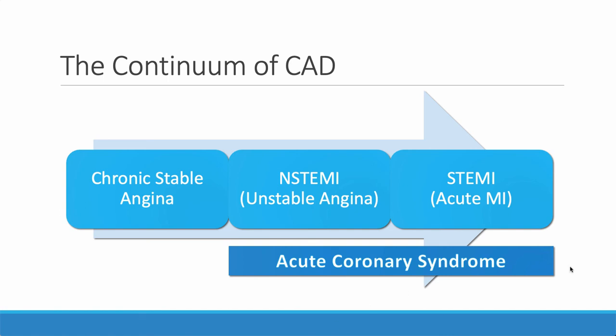When we get into the acute coronary syndromes, we're talking about unstable angina and acute MI, which we now term non-ST elevation MI, or for acute MI, ST elevation MI. Okay? So unstable angina, or NSTEMI, is characterized by patients who were doing fine, thank you very much, and not having any angina.